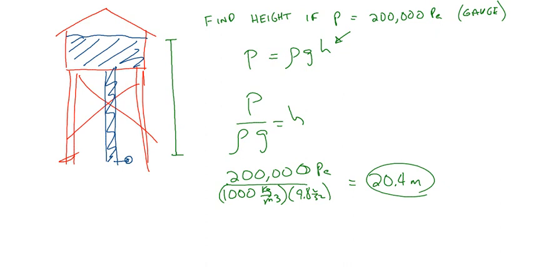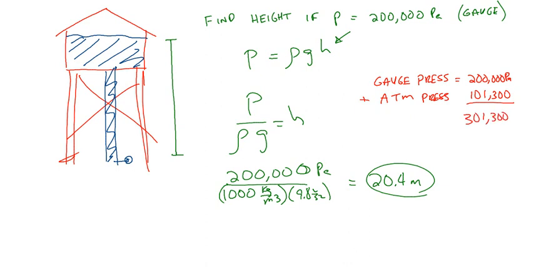Once again, this would be the gauge pressure, the 200,000, and if I need the absolute pressure, then I would have to add atmospheric pressure, 101,300, and that would give me 301,300 pascals for the absolute pressure.